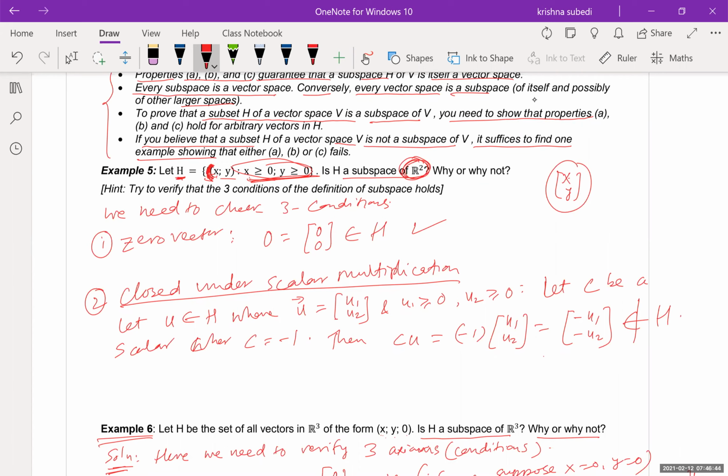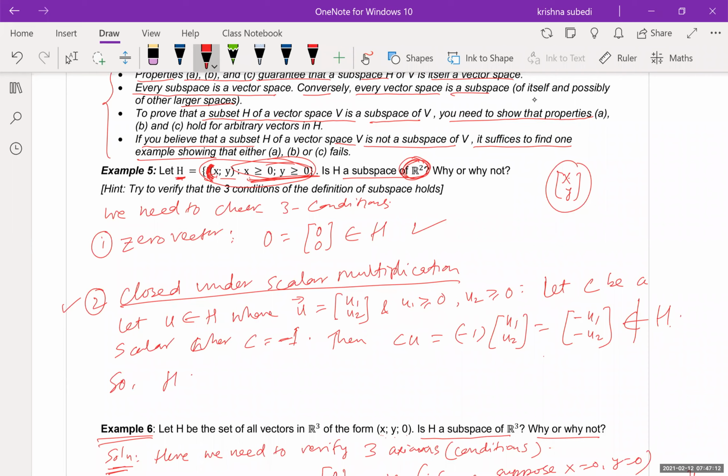So we notice that if we use this property, closed under scalar multiplication, and suppose c equals -1, we come up with negative values. But if there is any negative value, it cannot be in H, because H is defined this way, which is not in H.